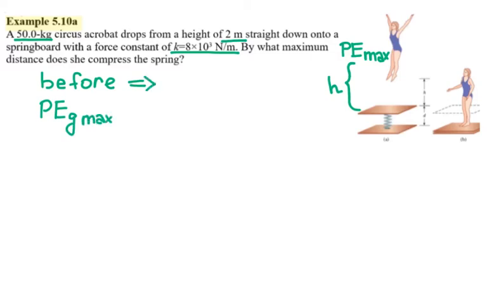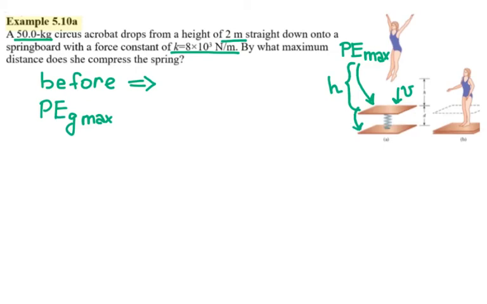And after, all this energy is going to be conserved. She will have some velocity right before she hits the board. So I could calculate her maximum velocity, but I don't care about this velocity, because the potential energy is going to go to the kinetic energy, and that kinetic energy is going to go to the spring energy when you compress the spring.